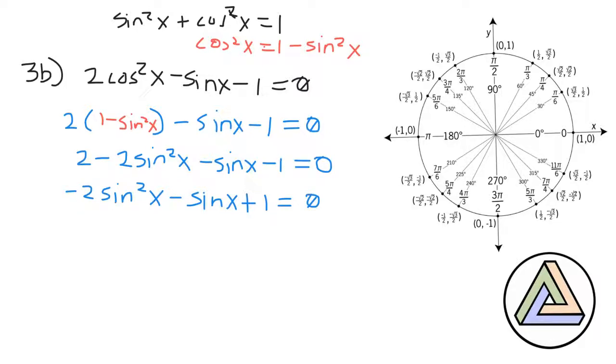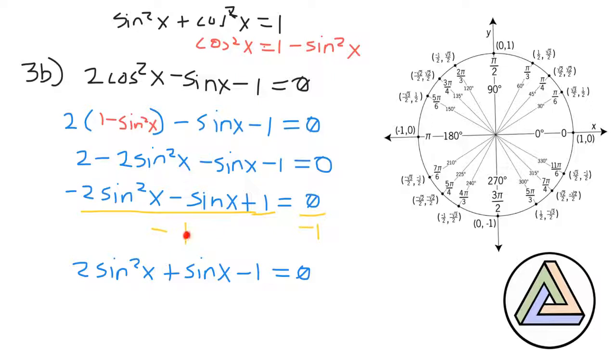Let's get rid of this negative. We don't want the first term to feature a negative number. So what we're going to do is divide both sides by negative 1, and that gives us 2 sine squared x plus sine x minus 1 equals 0. Dividing both sides by negative 1 simply changes the signs over here.